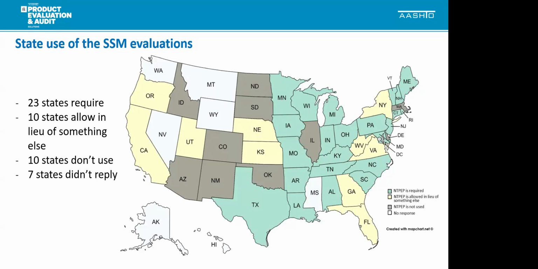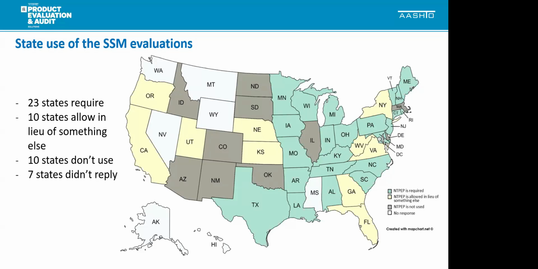The green states shown here are states that require use of the sign sheeting materials evaluations for qualification or approval. Usually, or typically, it's for listing them on an approved products list or a qualified products list. The green states will not evaluate or will not consider use of the product unless the product has been evaluated by this program.